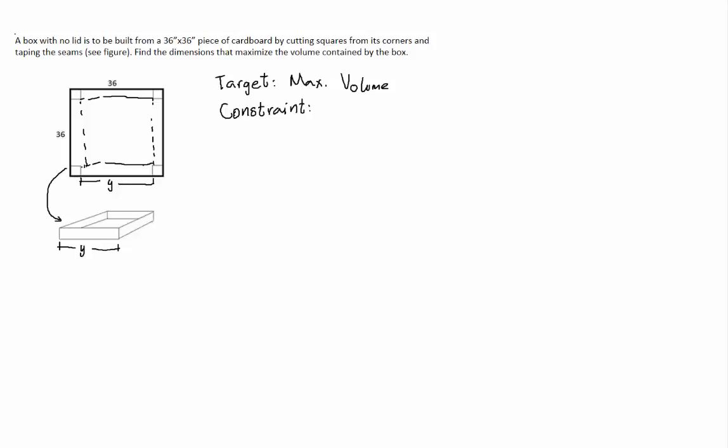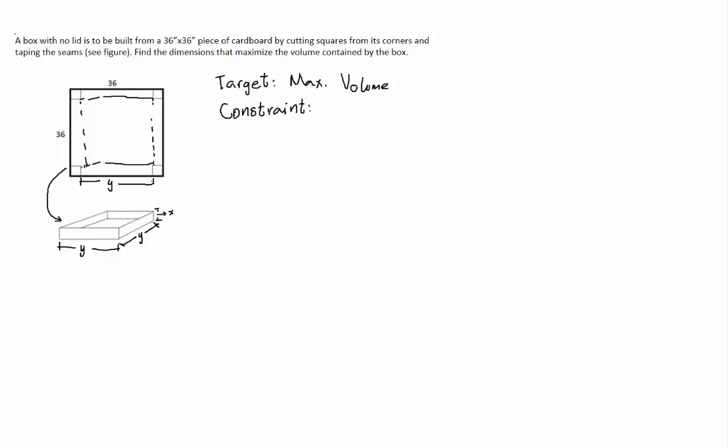So then I have, since the piece of cardboard is square and I'm going to be cutting square cutouts, I know that this side is also going to be of size y, because the original piece of cardboard is square and I'm taking out square cutouts. So that is given. So now the height is obviously not going to be the same. So let me call that x. I'm going to make a little arrow here because I cannot fit it in there. So let's call the height x.